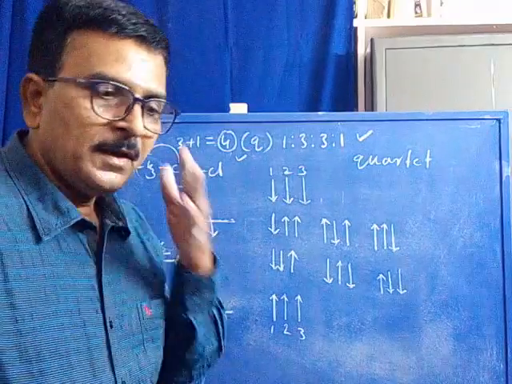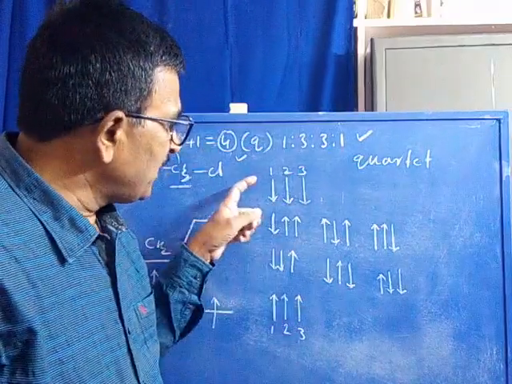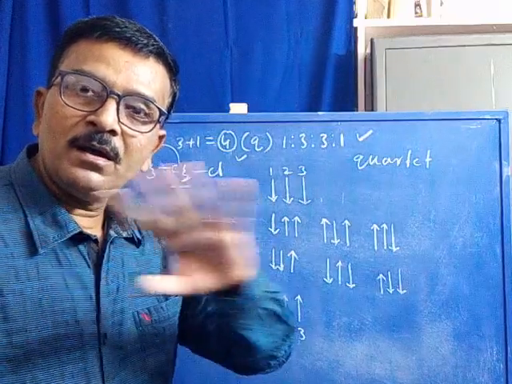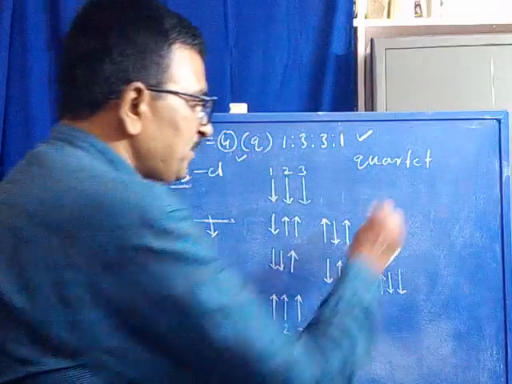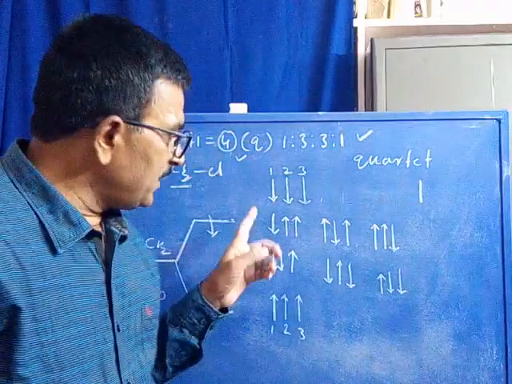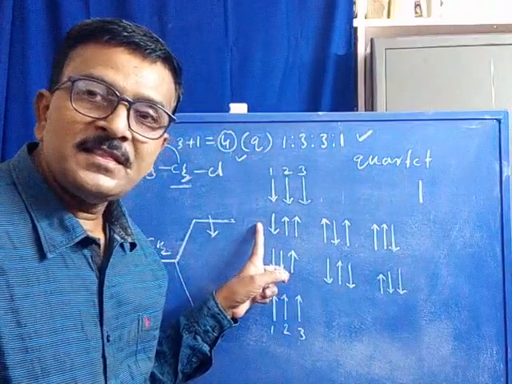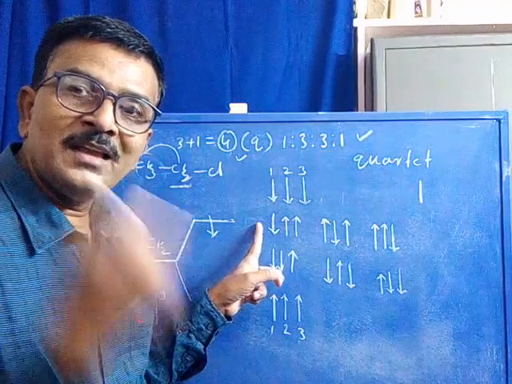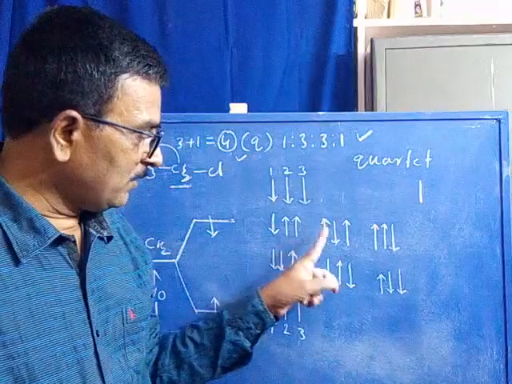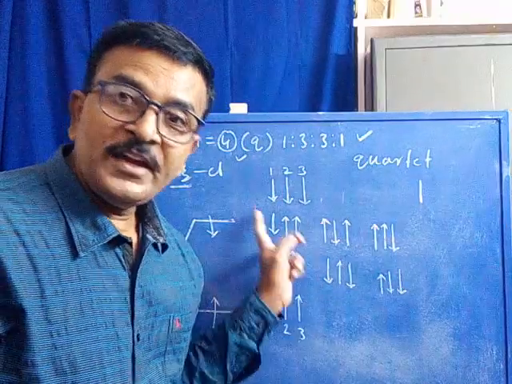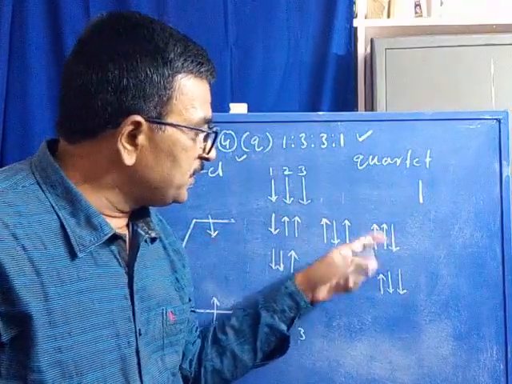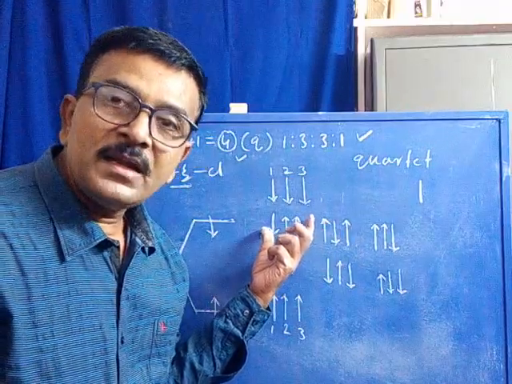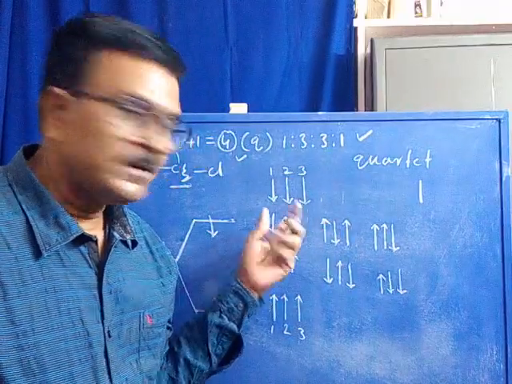Is it clear? Let us find out the intensity. In the first orientation, the combination is only 1. All are parallel. In the second orientation, there are 3 possibilities, 3 combinations. These 3 are the same orientation, but the combinations are different.